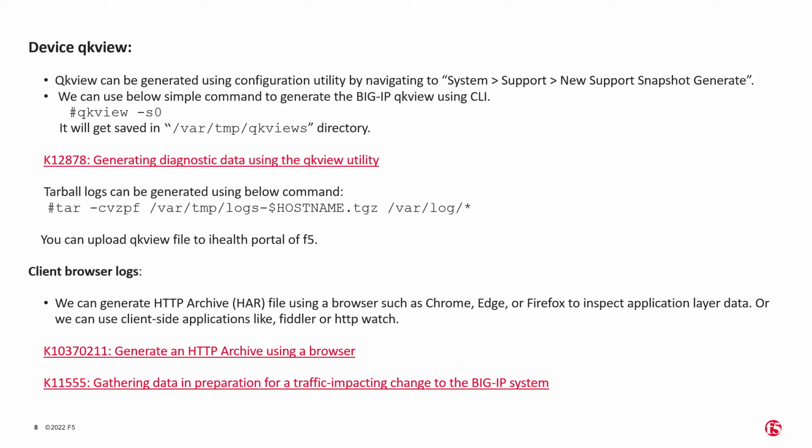Press F12, enable preserve log, and try to reproduce the issue. It will capture all the client side things. You may use traditional browsers such as Chrome, Edge, Firefox. Else, if you have client-side applications like Fiddler or HTTPWatch, those also capture your application traffic. How to do these captures is given in that article.